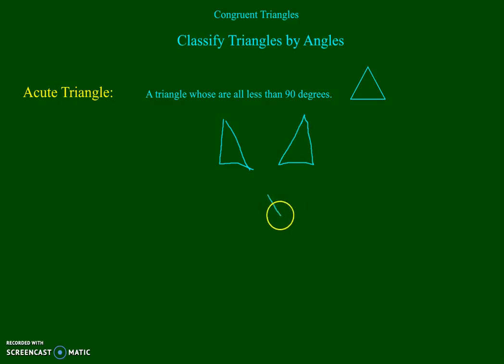If, on the other hand, it were slanted this way, you should be able to see that this is moving greater than 90 degrees. So 90 degrees would have been here, and moving that way would have been greater than 90 degrees.